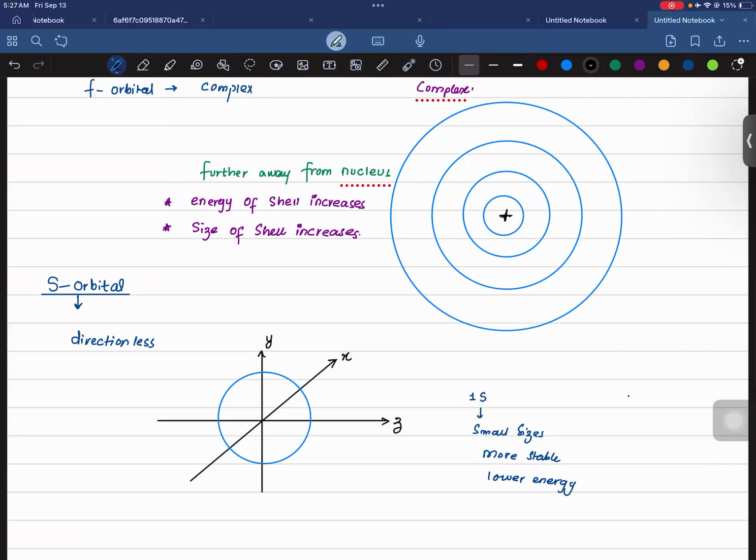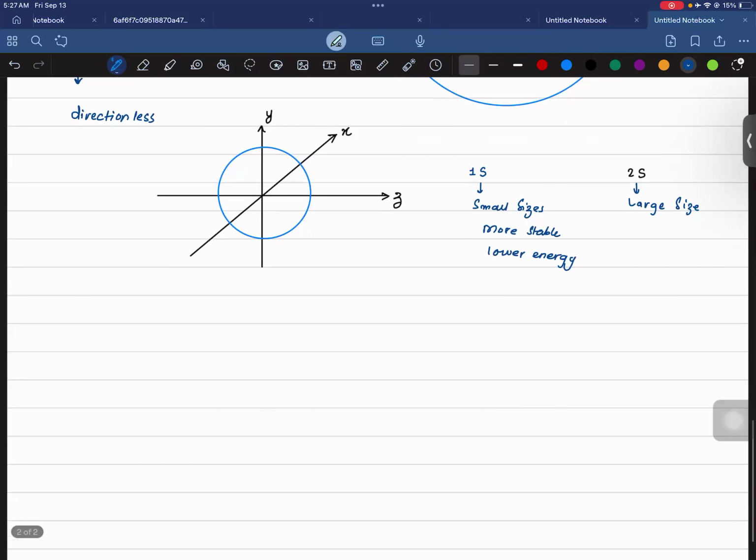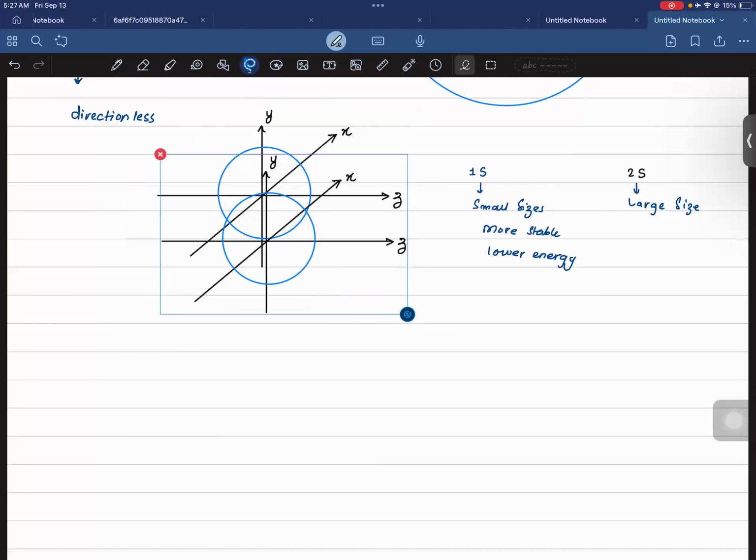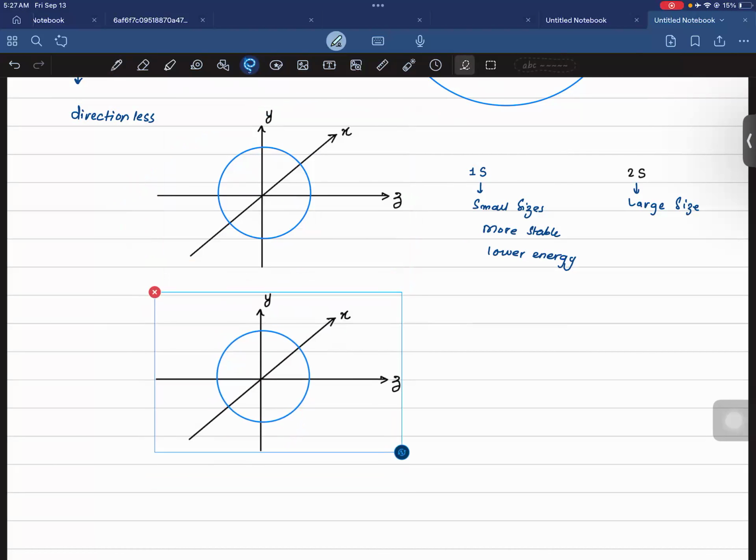And if I'm going to give you the 2s, the 2s is having the larger size. Let me draw the 2s orbital just like that. This is your 1s and this is your 2s.